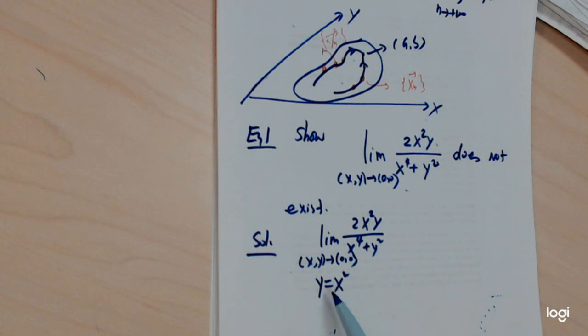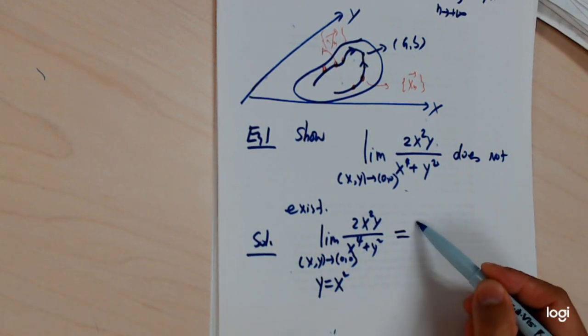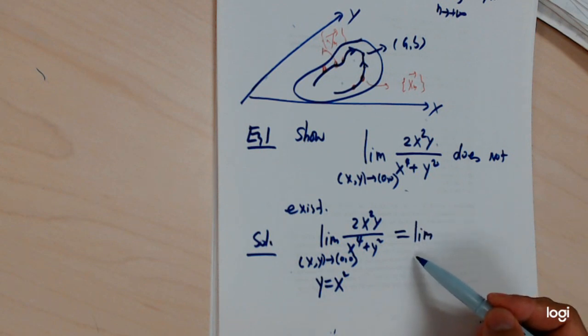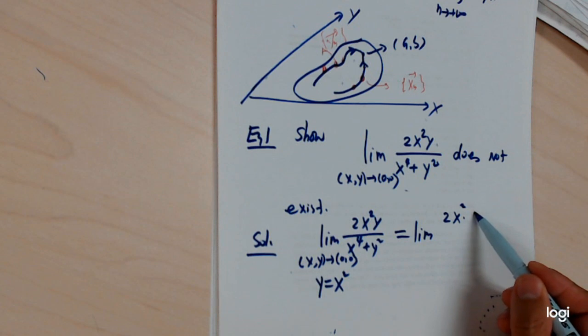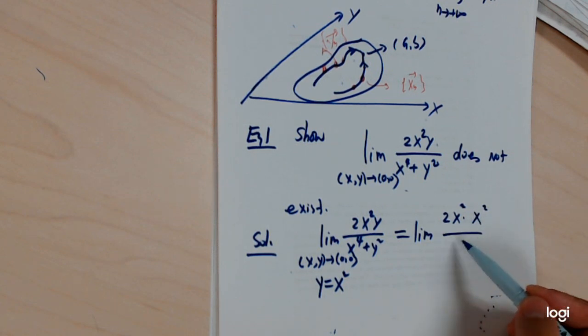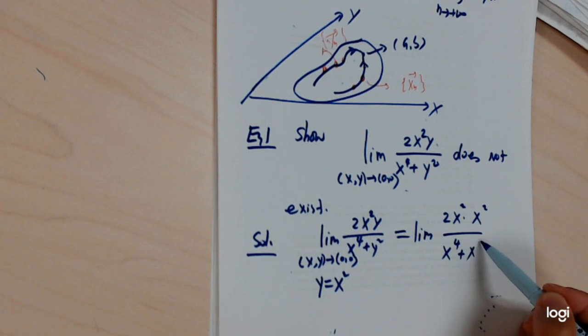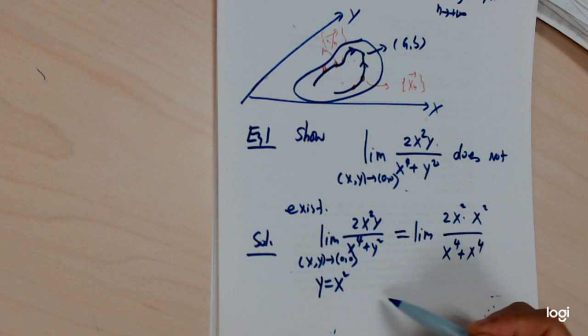When x goes to 0, y also goes to 0. Along this path, I replace y with x squared. Squared again, I get x to the fourth.